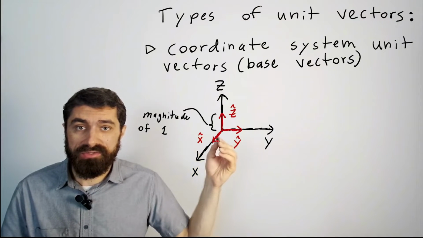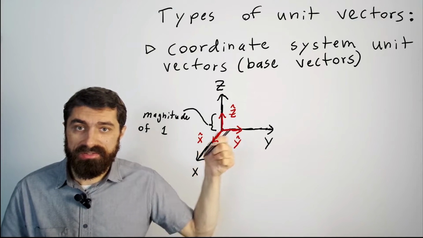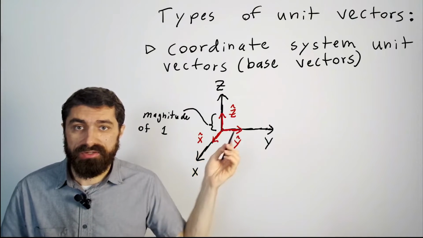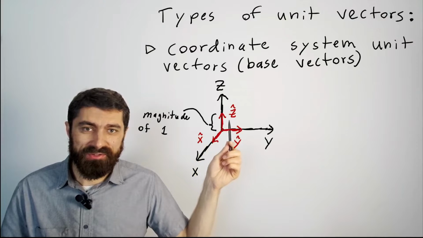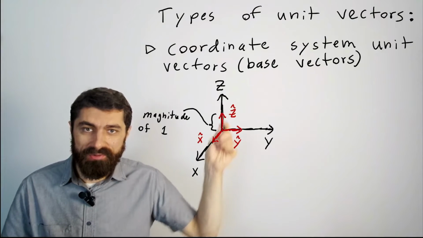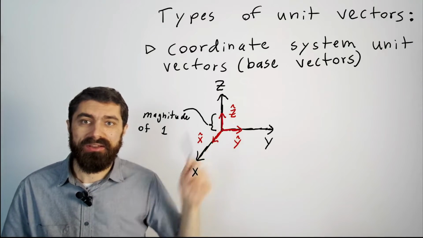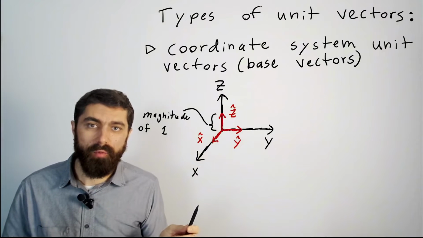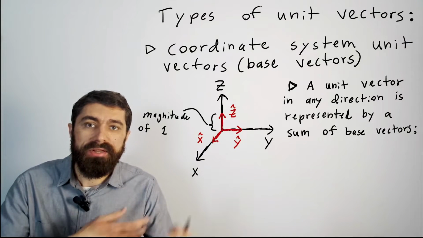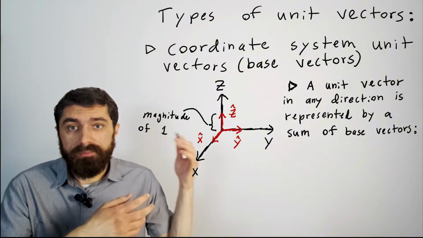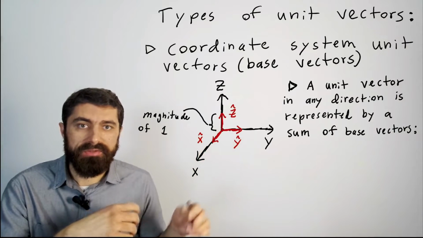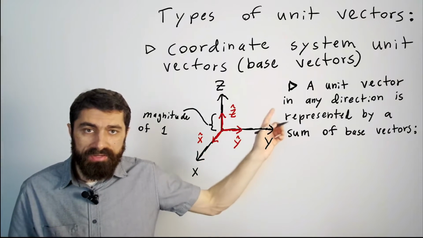It has a magnitude of 1, and it's in the x direction. In the same way, we have a unit vector z hat that's in line with the z-axis here, and it has a magnitude of 1.